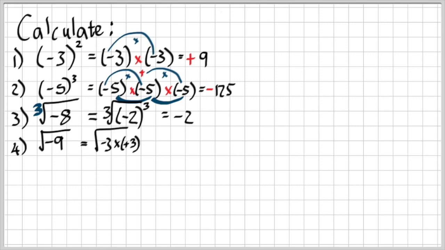If I look at the root of negative 9, I cannot say negative 3 times positive 3 gives me negative 9, because it's not a number times itself. You can't say negative times by negative because then that answer is a positive. But if I say positive 3 multiplied by positive 3, the answer is also plus 9. So there's no number that if I multiply it by itself, gives me negative 9.